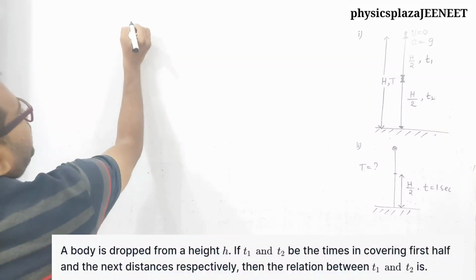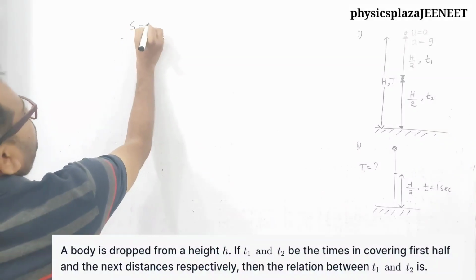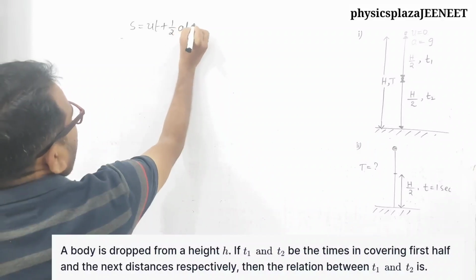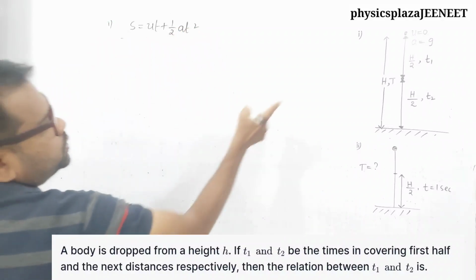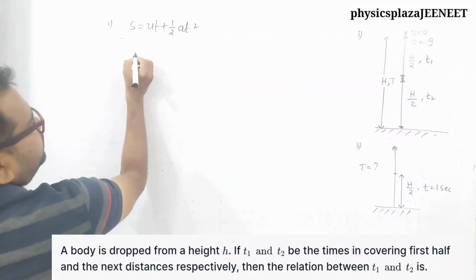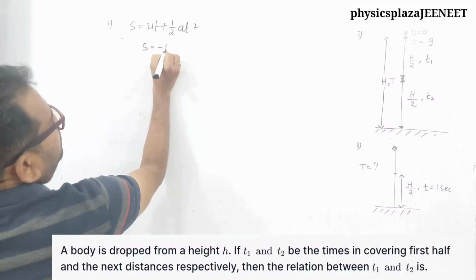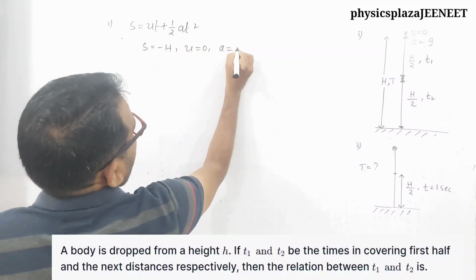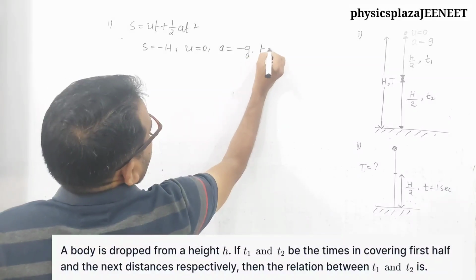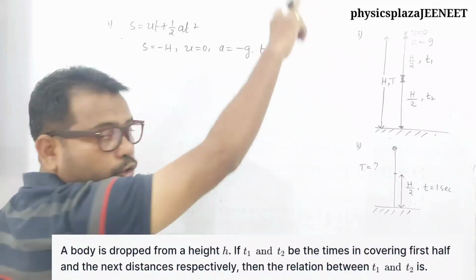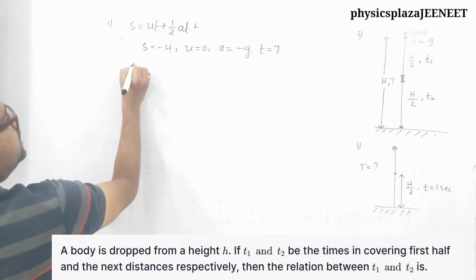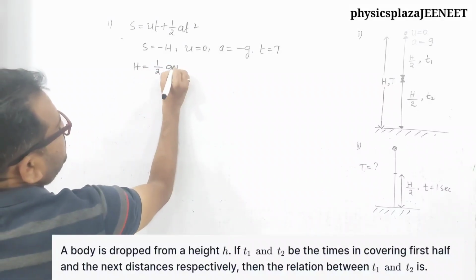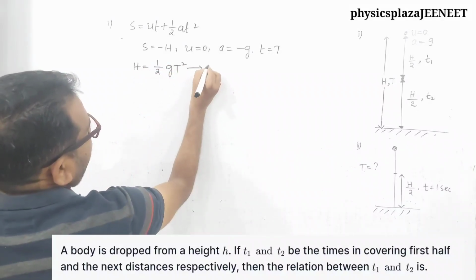First, we know that s is equal to ut plus half at square. We are doing the first numerical now. In the vertically downward direction, s is equal to minus h, u is equal to 0, a is equal to minus g, and t is equal to capital T, for the total journey. Then this equation gets modified: h is equal to half g t square, equation 1.